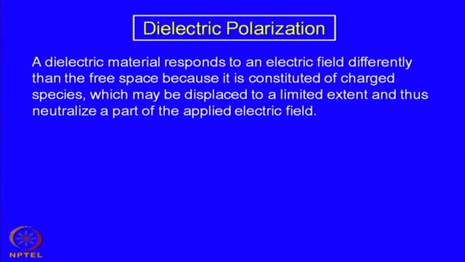So, they move to a very limited extent. They do change their geometric position, but only to a limited extent, and that is the characteristic of a particular material, its particular structure, the particular chemical bond it has, and so on.